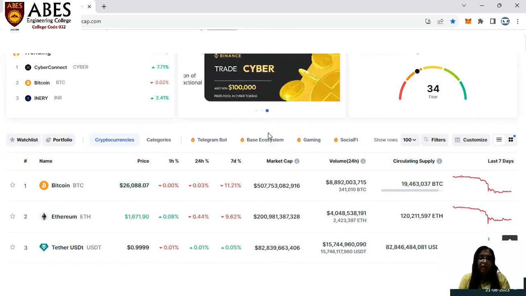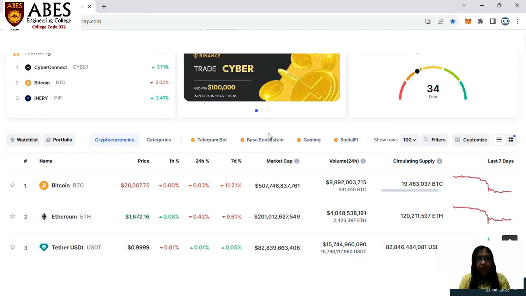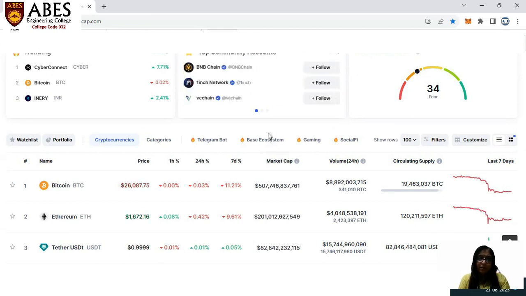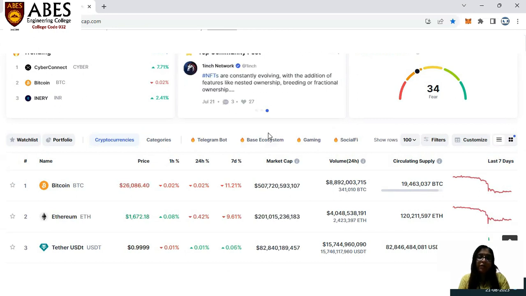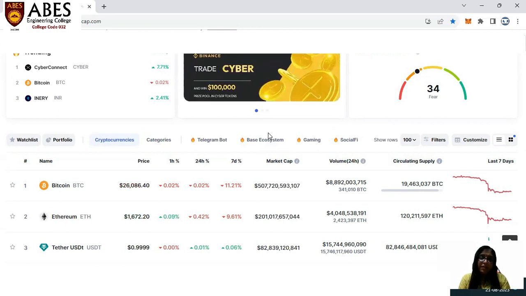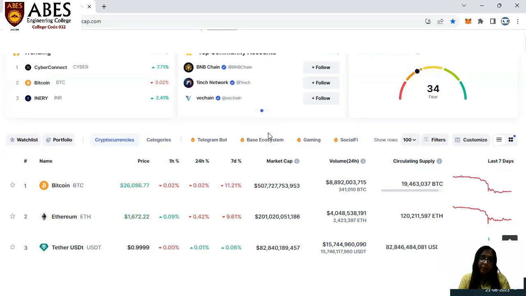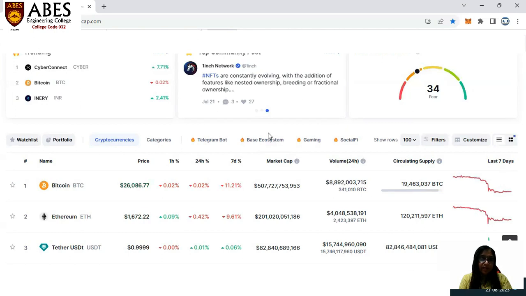In the same way, Bitcoin is a digital cryptocurrency whose value totally depends on the demand for Bitcoin in the market. If as many people as possible believe it has value and demand Bitcoin, the Bitcoin value will increase, right?